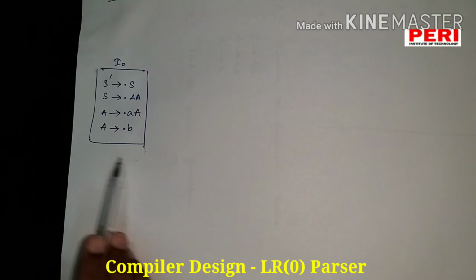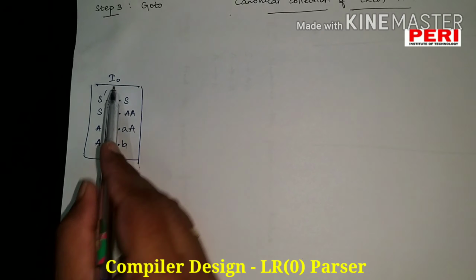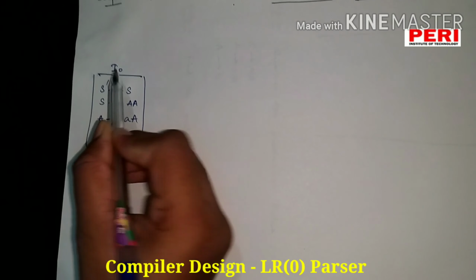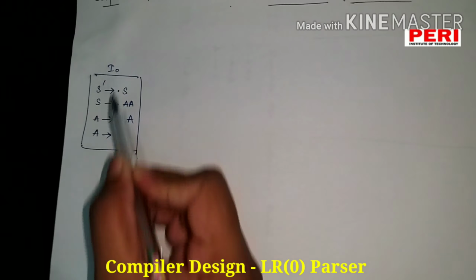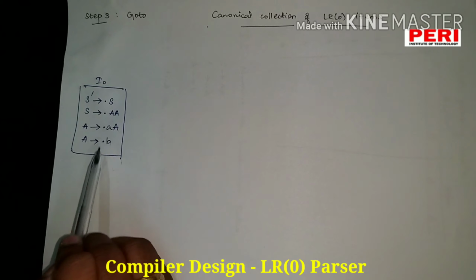By taking that closure as a whole, I have taken it as a state called I0. I0 is nothing but state 0. So as a whole, this grammar has been taken as state 0. On this state, we are going to move the dots to the next position one by one.